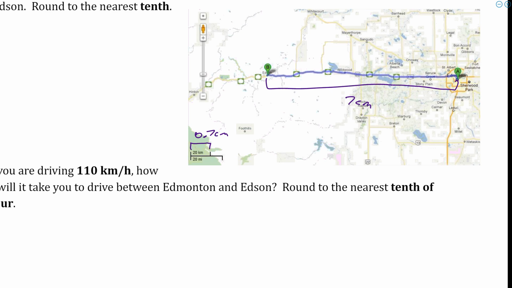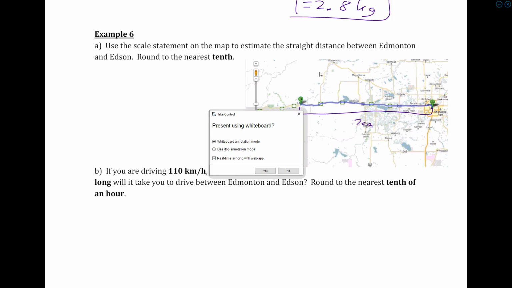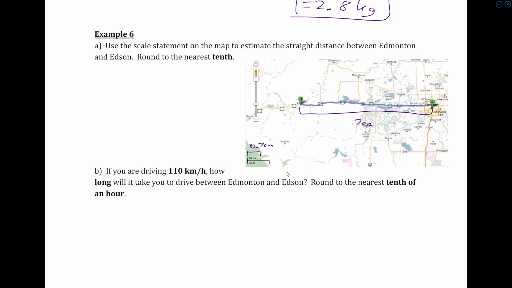So I would bet a lot of you guys, if you were kind of stuck with this, you'd probably say, okay, this is about this big, and there's 1, 2, 3, 4, 5, 6, 7. Okay, when I did, I got about 9.